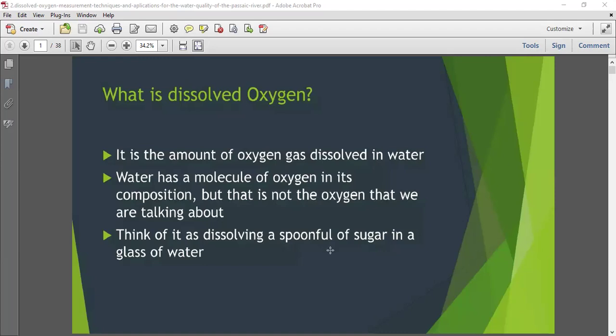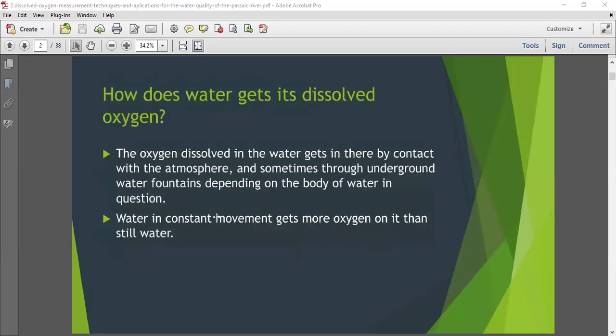Think of dissolving a spoonful of sugar in a glass of water. How is oxygen dissolved in water? The oxygen gets in through contact with the atmosphere and sometimes through underground water sources, depending on the body of water in question.